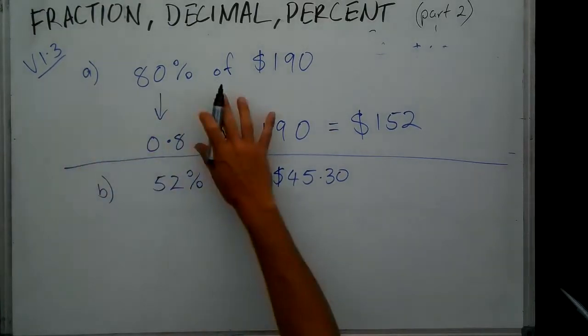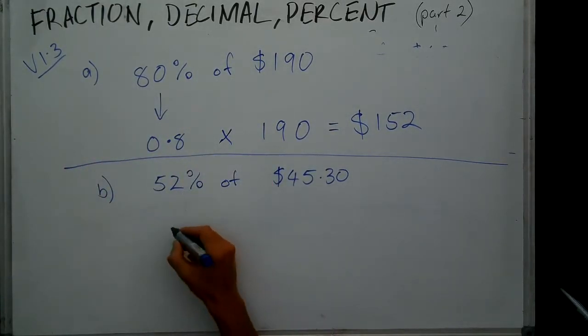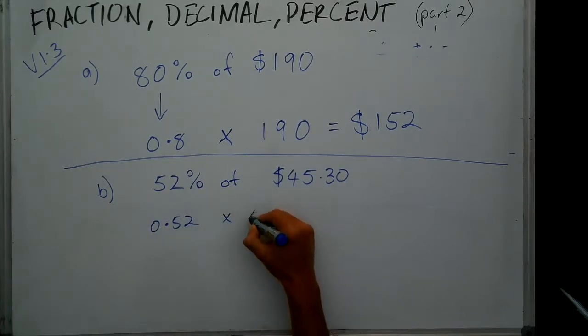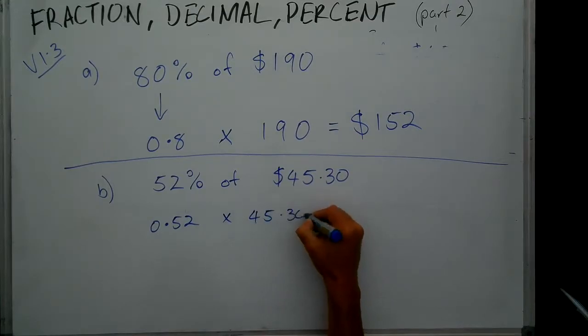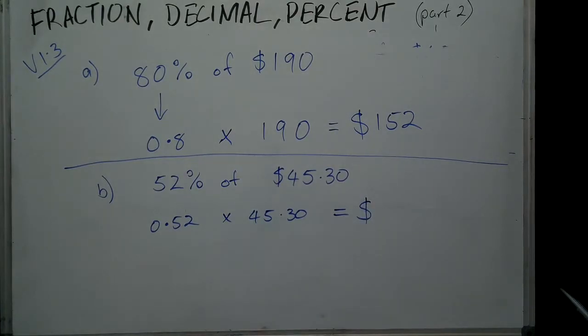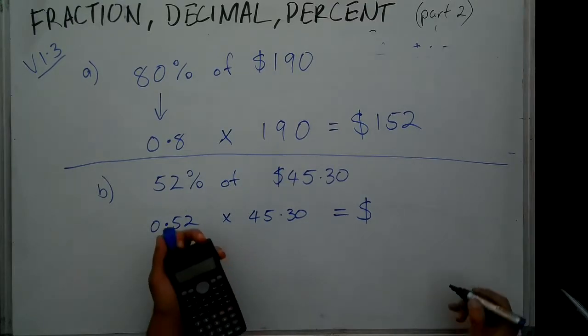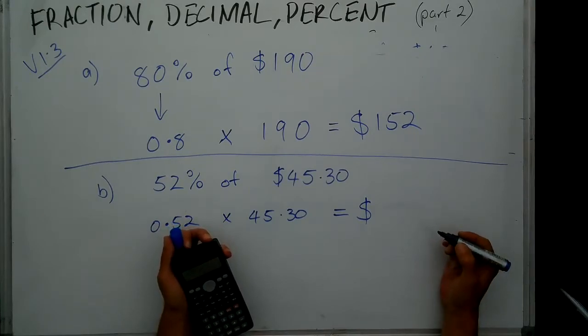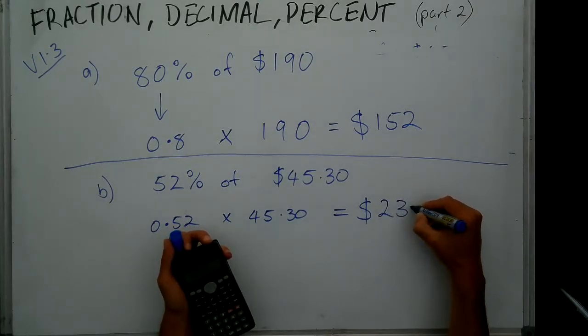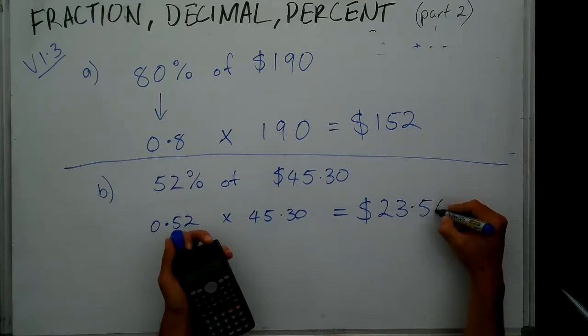So we're going to use the same process, turn this into a decimal, 0.52 times $45.30 equals, and I know my answer is going to be an amount of money. 0.52 times 45.30, and my calculator says 23.556. I'm going to round that to 2 decimal places: $23.56.